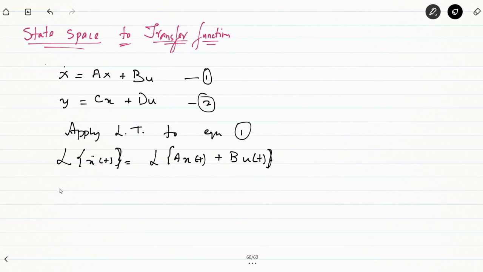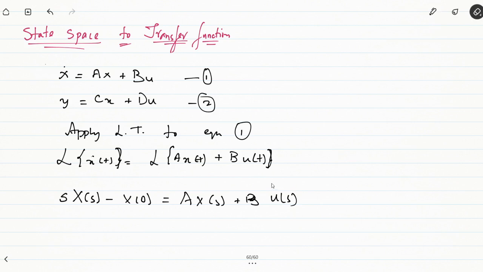We know that Laplace of a derivative is given by s times X(s) minus x(0). A is a constant here, so Laplace of x(t) will simply be X(s), and B is a constant here, so Laplace of u(t) will be U(s).